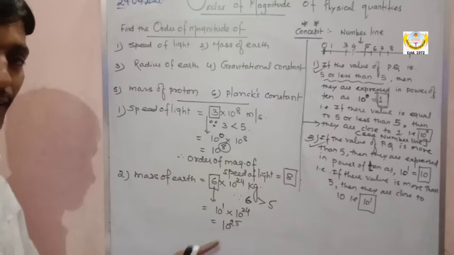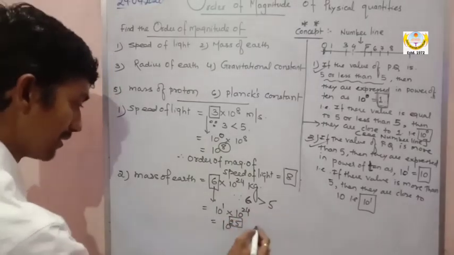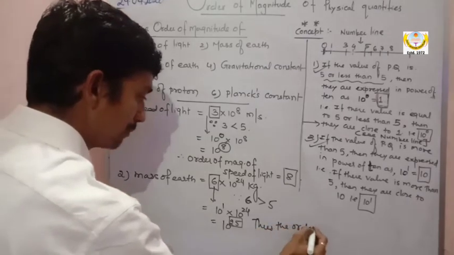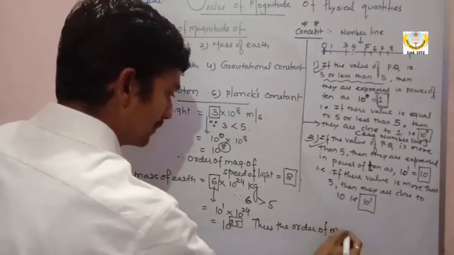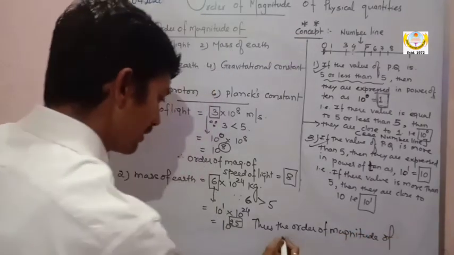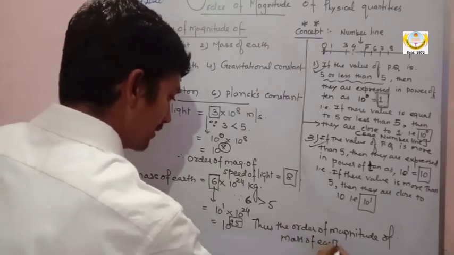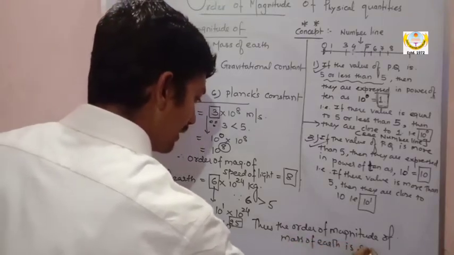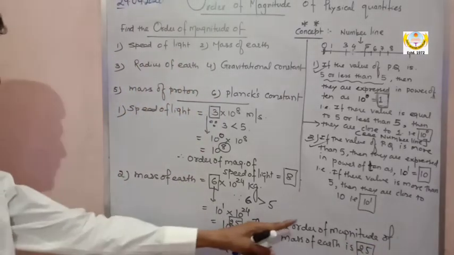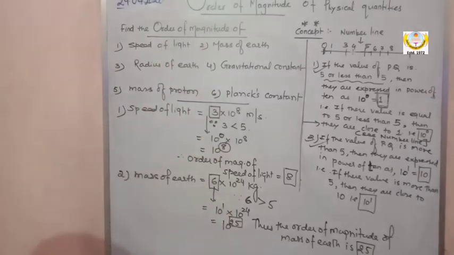I hope it is clear. And thus the order of magnitude of the mass of earth is 25. Write it down, then I will go for the next one.